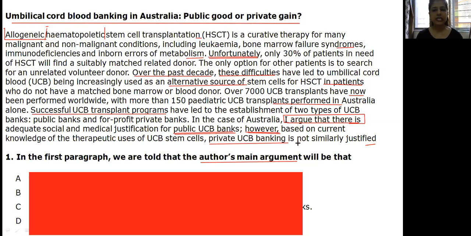When the writer says is not similarly justified, and you have the word however, which means the writer is in favor of public banks, but he is kind of against private banks, isn't it? So this is hidden meaning.